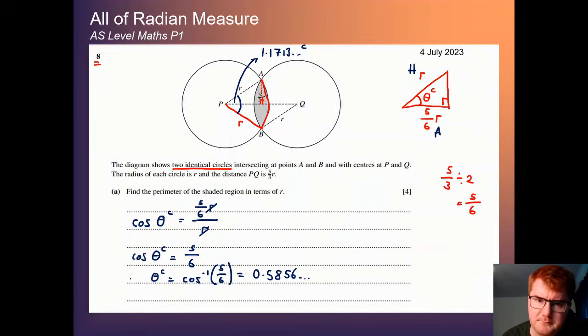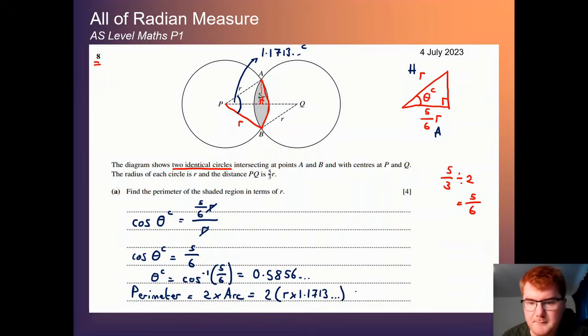If we want to work out the perimeter, it's going to be 2 lots of the arc, because we want this arc and this arc here. Remember, to work out the arc, it's just r theta when we're working in radians. So it's r times the angle I've marked, 1.1713 dot dot dot.